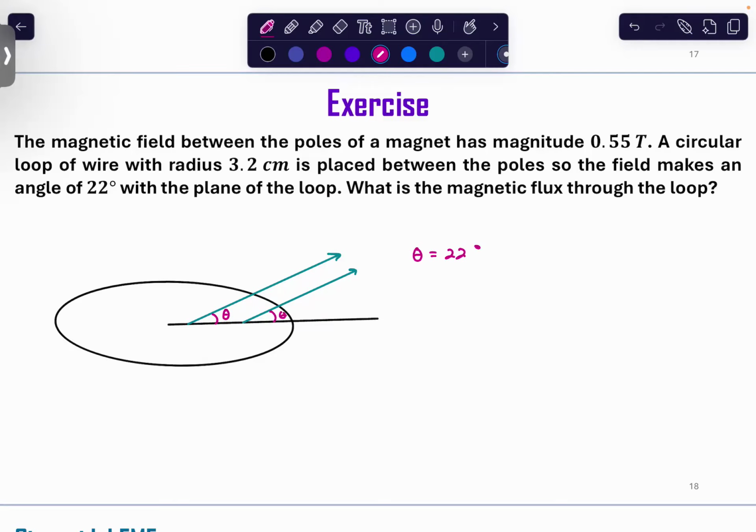But I know that my flux is B dot A. And I know that my vector A is there. Well, so if I move it over, same idea. So the angle that I really want is phi.